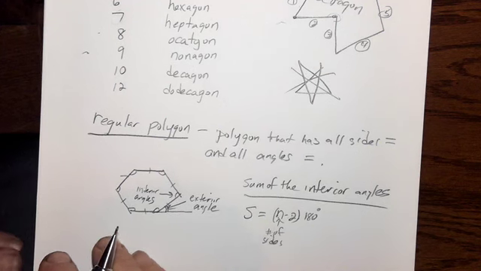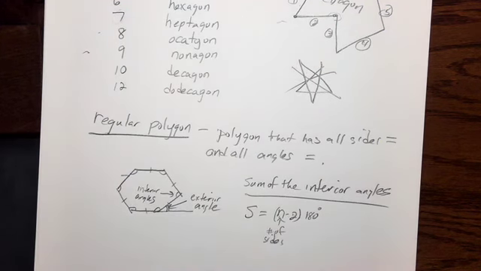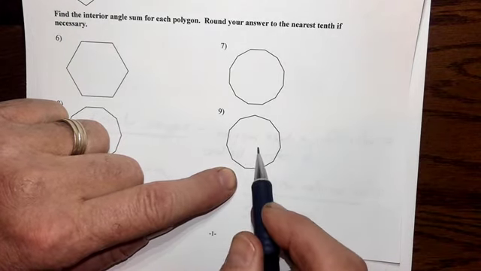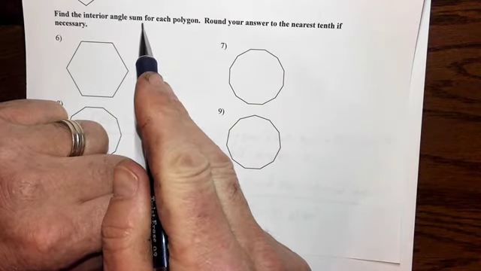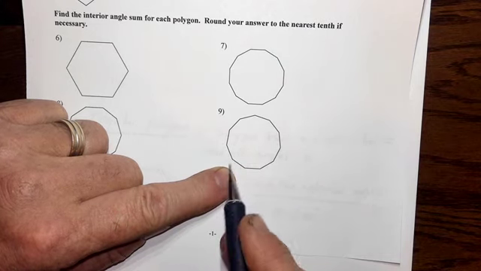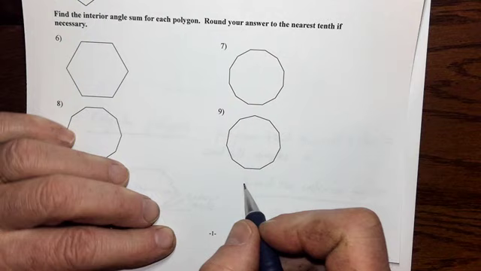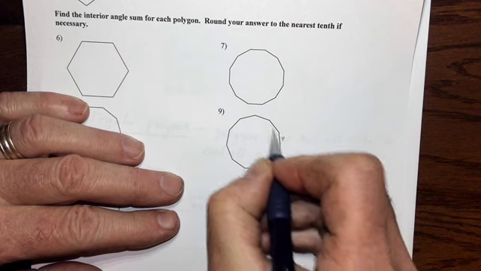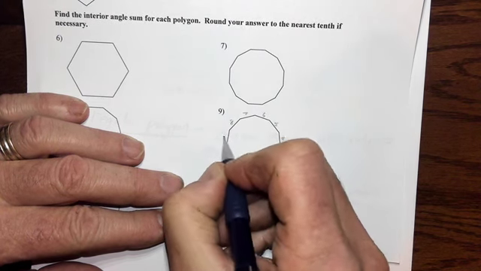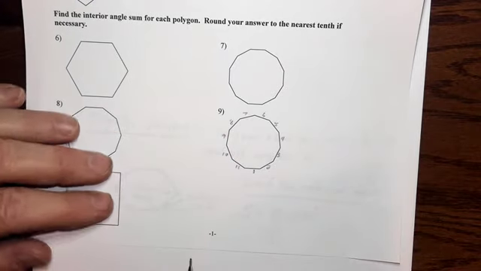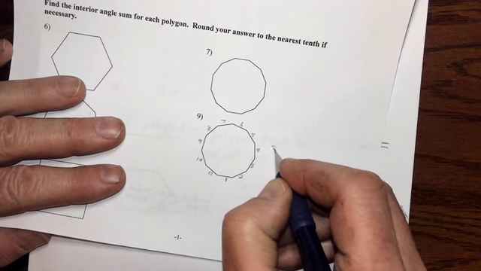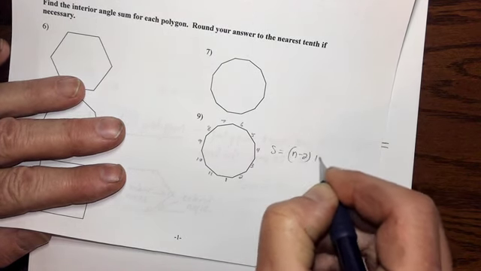You're going to have some problems where they give you an example. Let's look at this one right here. We want to find the interior angle sum, so we want to know what all of these angles add up to. It's a matter of counting how many sides this has. I just go through and label them: 1, 2, 3, 4, 5, 6, 7, 8, 9, 10, 11 sides. My formula to find the interior angles is n minus 2 times 180.